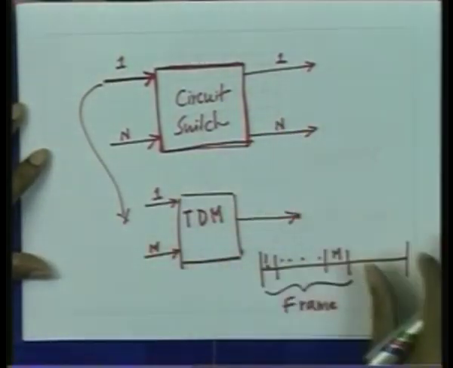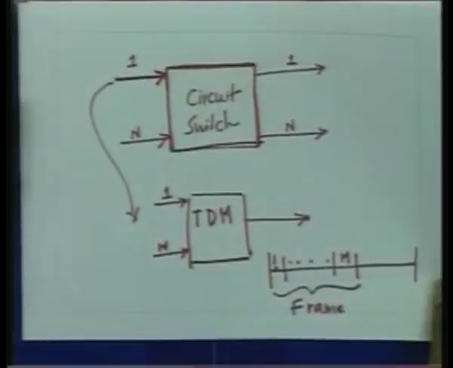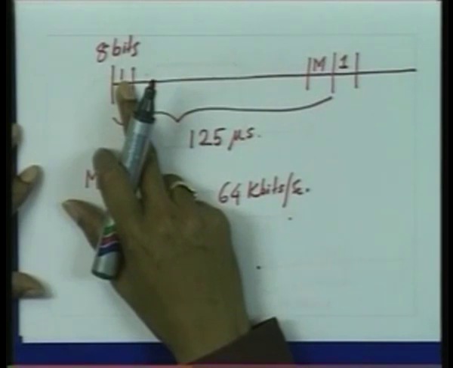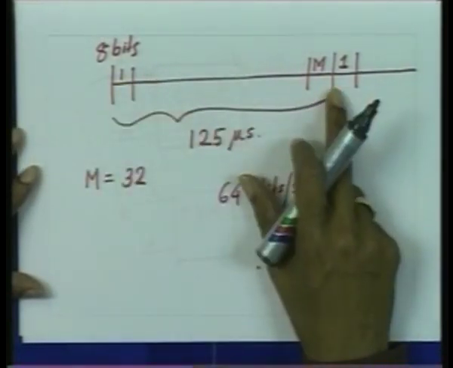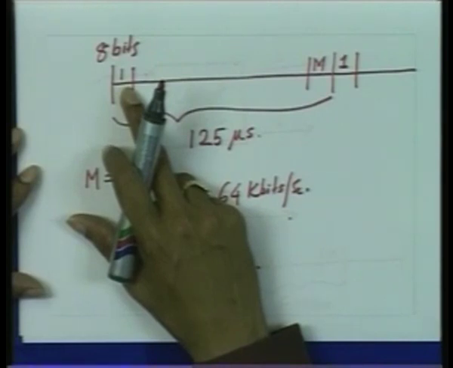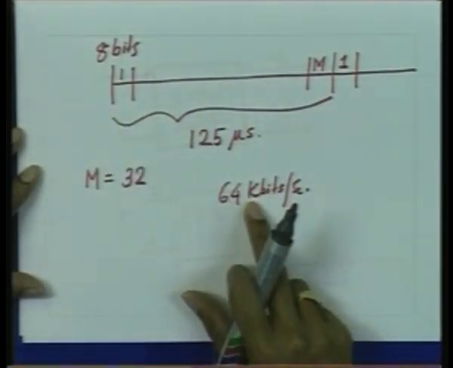Now you can see from this that since each user has been allotted 8 bits for transmitting in 125 microseconds, the data rate of this user is fixed, and that is 64 kilobits per second. Clearly the disadvantage of this circuit switching is that it is inflexible.